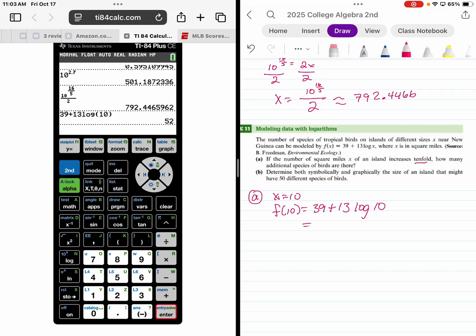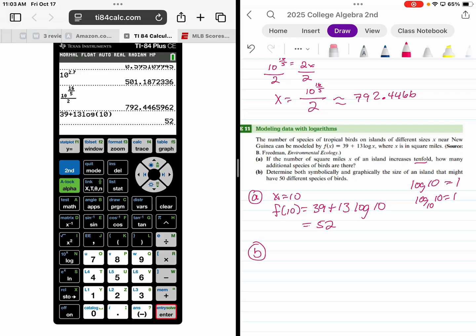So I hit enter and I get 52. And the reason why I said that was because the log of 10 is technically 1 because it's log base 10 of 10. And so I kind of had that little memorized. That way I can say, oh, that part's just 1. It's really 13 plus 39.